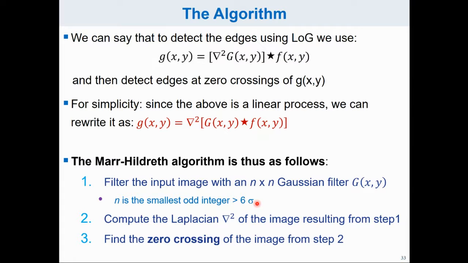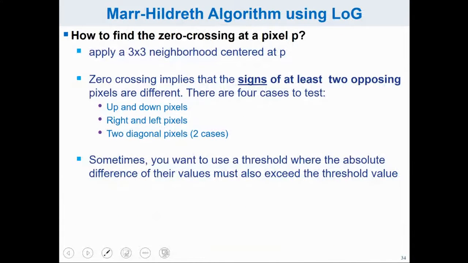Because 6 sigma makes sure that 99 point something percent of the information is enclosed within the envelope. Then we compute the Laplacian of this image, and the last step is to find the zero crossing of the image from this step to eliminate the double edges.